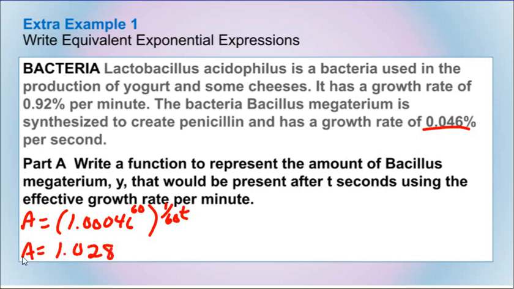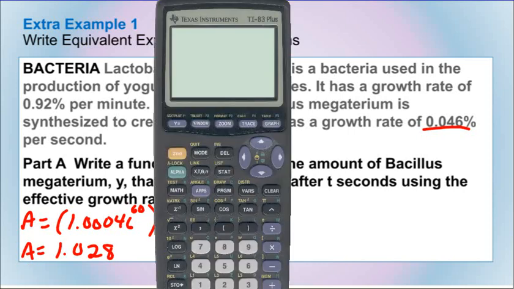Now, if I were to simplify this, it would be 1.028, and I'm just estimating this, because if I were to put 1.00046 in my calculator, raised to the 60th power, we would have 1.0279.